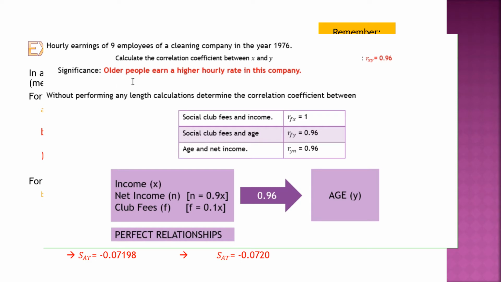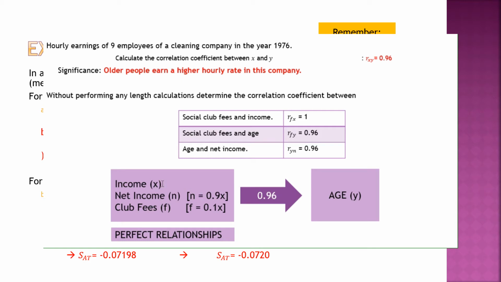Okay, what is the significance of this? It's a positive relationship. Age goes up, income goes up. So that shouldn't be a problem as well. This part, okay, let's look at this. What is inside income? 90% is net income. That means 90% is what you take back, net income, and 10% goes to social club fees. If you read the question, you should understand what I'm saying already. Inside income, you have net income, you have club fees. Net income is 0.9, club fees is 0.1.